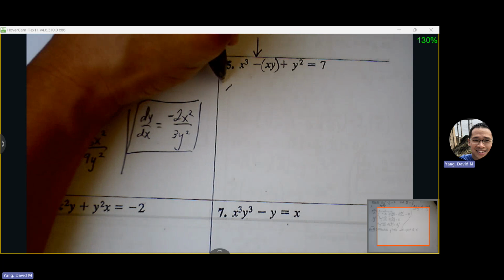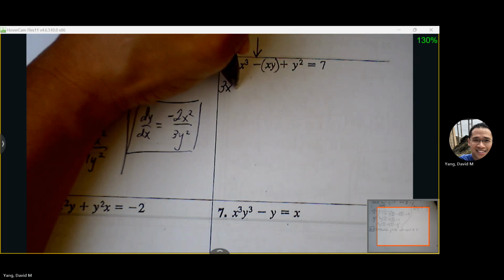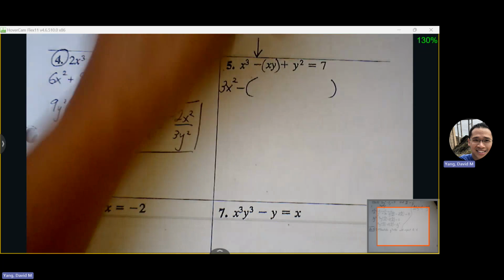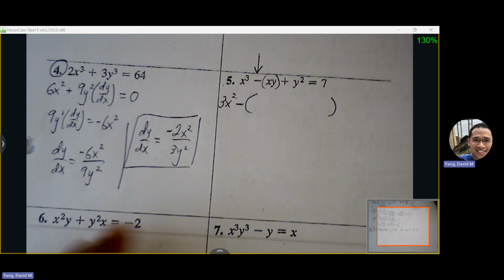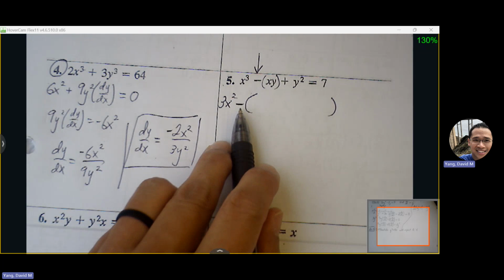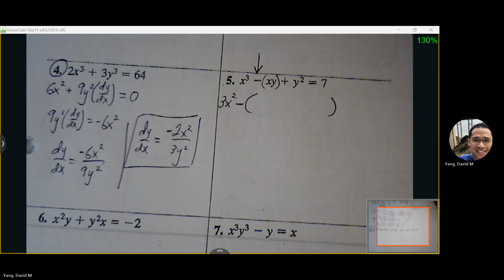All right, so I'm going to set this up here. So x cubed becomes 3x squared minus, I'm going to do my whole product rule in a set of parentheses, and then I can worry about distributing that negative through.